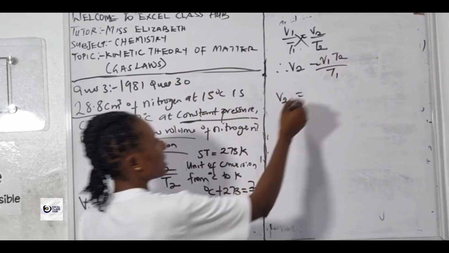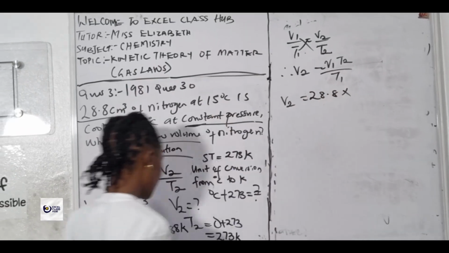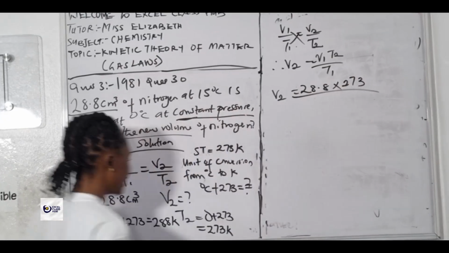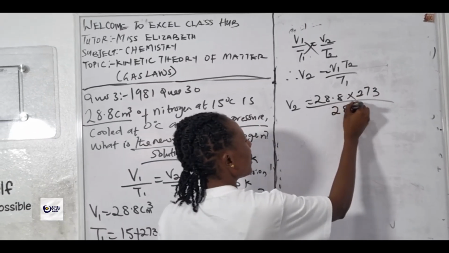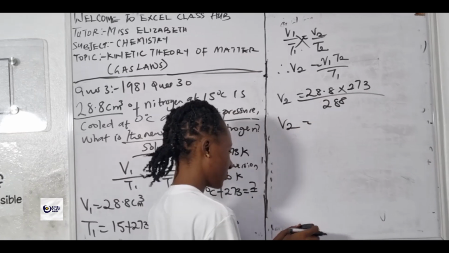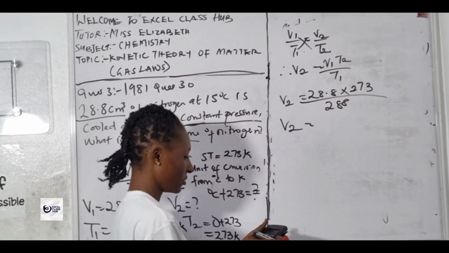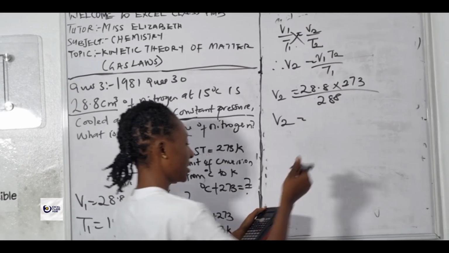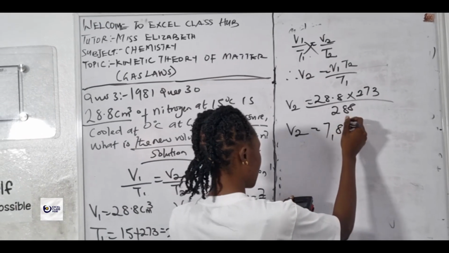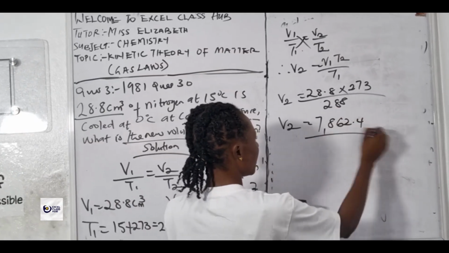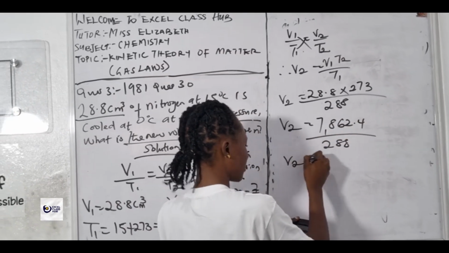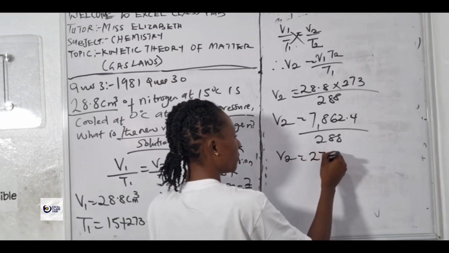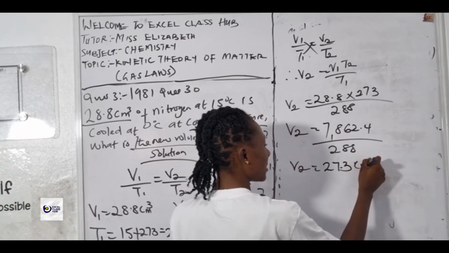Our V1 is 28.8, times our T2, 273, divided by our T1, 288. 28.8 times 273 is 7,862.4, divided by 288. So the final answer is 27.3 centimeter cube.